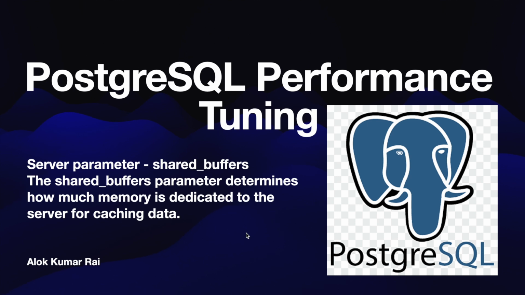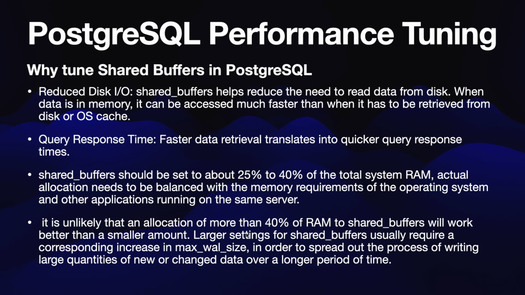Let's move on to the next slide. So the question is, why do you need to tune the shared buffer in PostgreSQL? One important benefit is that it reduces the disk IO.